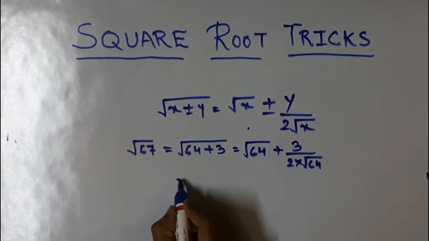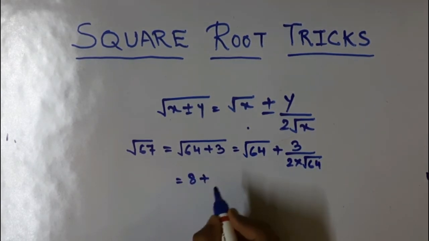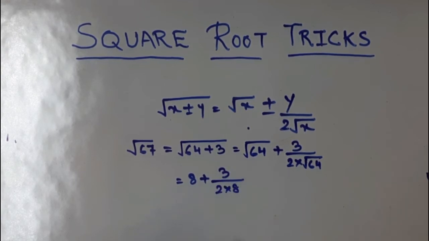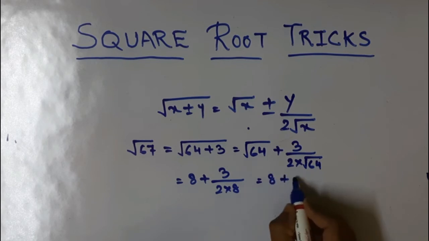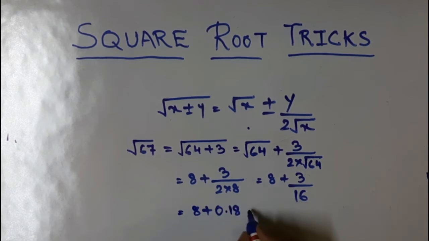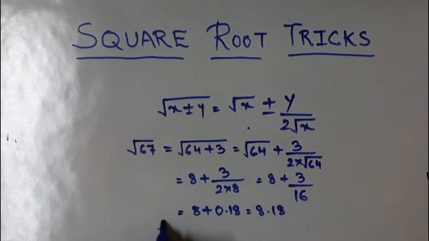So this comes to 8 plus 3 by 2 into 8, which is 8 plus 3 by 16, which is about 8 plus 0.18. Now you add this up, it will be 8.18. So root 67 is equal to 8.18.